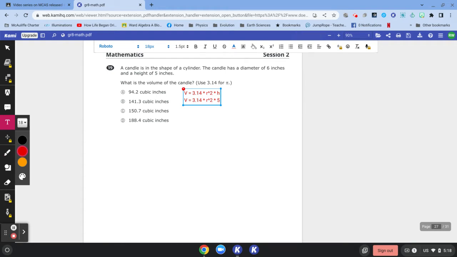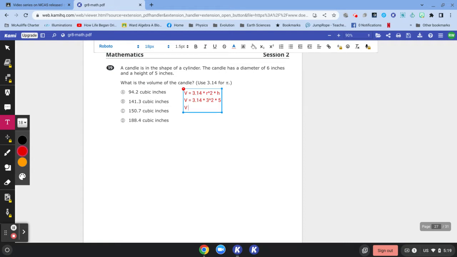The radius we have not been given directly. We've been given the diameter. But the diameter is all the way across, whereas the radius is halfway across a circle. The radius, think, is the line that radiates out from the center of the circle to the edge. So it's half of the way, which means it's half of 6. So the radius is 3 instead of 6. So we just have to work out what all this is.